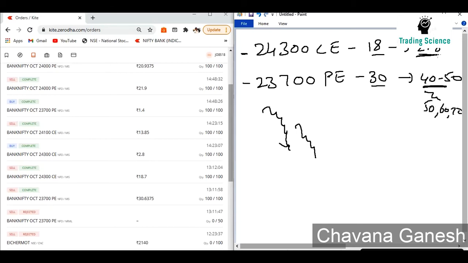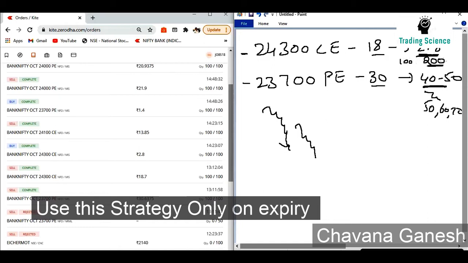But here you have only 2 rupees premium. Maximum you will get, if you took 100 quantity, is 200 rupees, right? If it goes down, you will get a maximum of 200, but here you lose thousands of rupees.